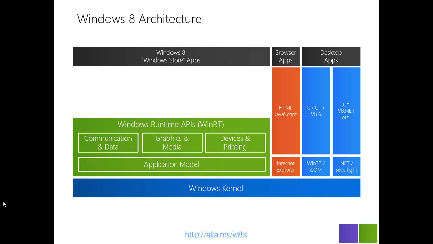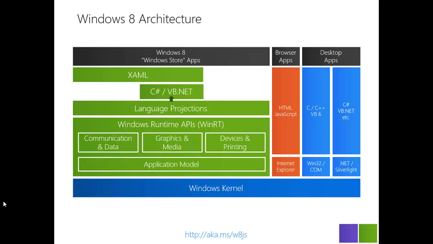Now, to write applications against this Windows Runtime API, Microsoft created a layer of language projections, and those language projections give you language-compatible syntax for direct access to the underlying Windows Runtime API. And that means that I can now natively access the Windows Runtime API directly from C# or VB.NET, and maybe using XAML as my user interface markup.